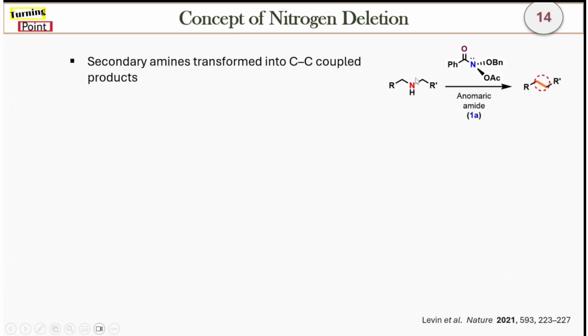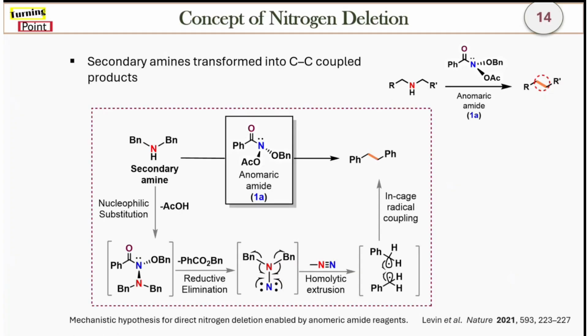For this transformation, the authors have proposed a mechanistic hypothesis. In this hypothesis, the first step is a nucleophilic substitution, where the NH of the secondary amine acts as a nucleophile and the nitrogen of the anomeric amide acts as an electrophile. The first step is the attack of the nucleophile on the electrophile, which leads to the formation of a nitrogen-nitrogen bond.